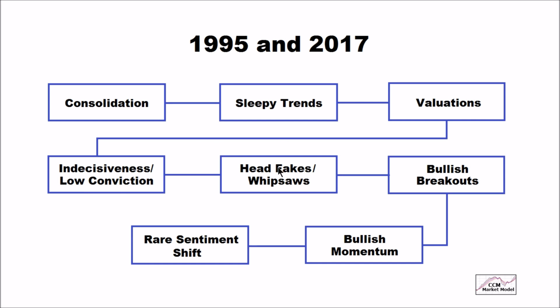Eventually, from the consolidation, we saw bullish breakouts. Long-term momentum shifted in a clear bullish manner, and as we described in this week's video, both periods featured a very rare sentiment shift, telling us to keep an open mind about better than expected outcomes over the next few years. An open mind, or being open to, is not a forecast.